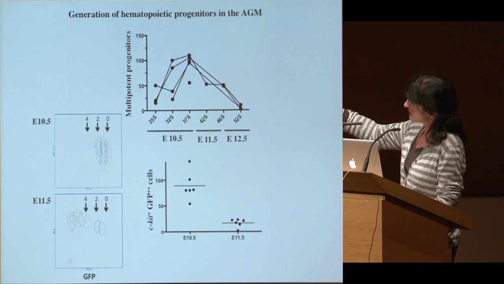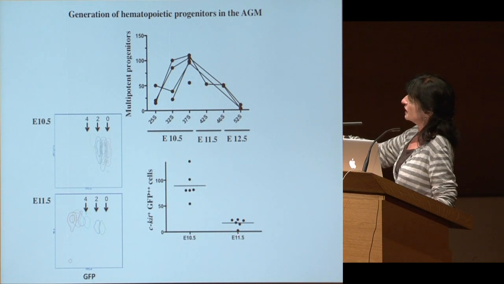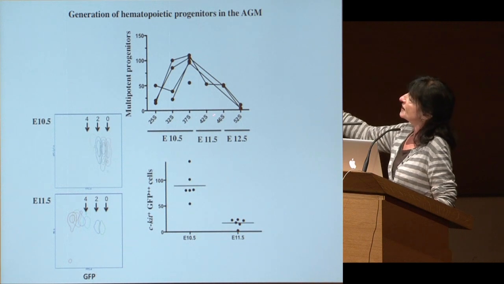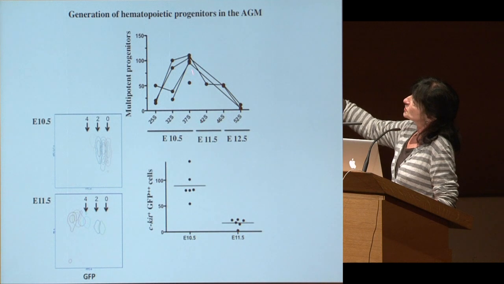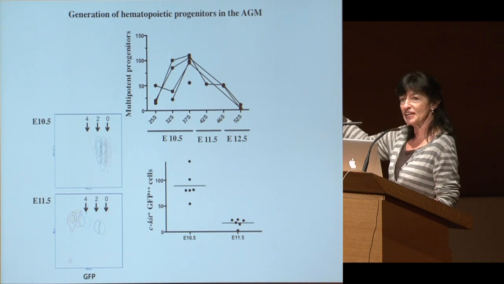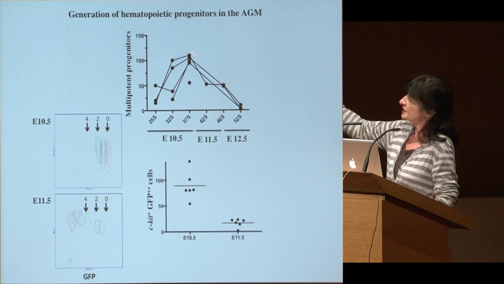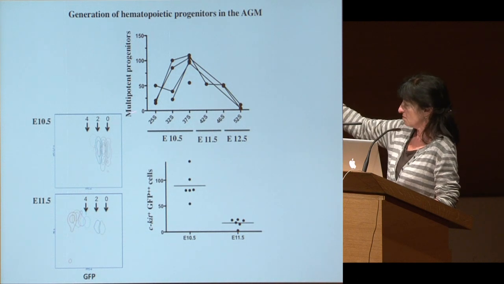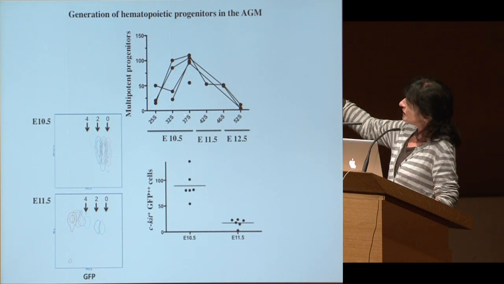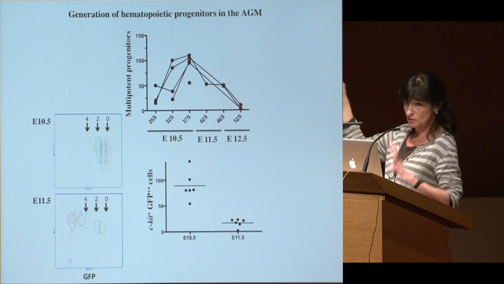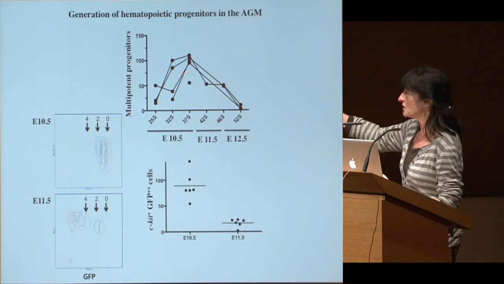You find a few cells in this particular region, but not that many. Now, if you look at GFP expression, you see that already by day 11.5, all those progenitors that you see here have lower levels of GFP than at day 10.5, where you actually find the same number as the ones detected by a functional in vitro assay for multipotency. So in fact, what we conclude is that the production is done between day 9.5 and day 10.5, only in this time window, and then a few cells stay around.